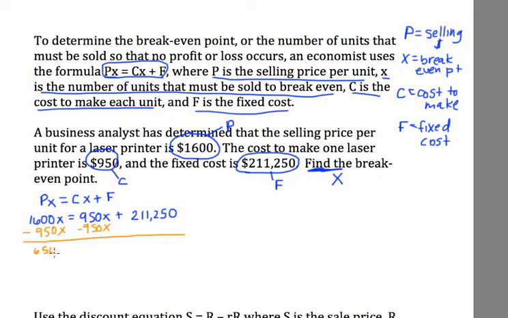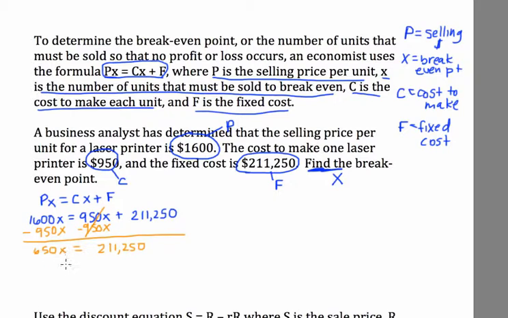I used my calculator to do that subtraction. So this is gone and I have 211,250. Again, notice how I have my number on one side and my variable term on the other side.